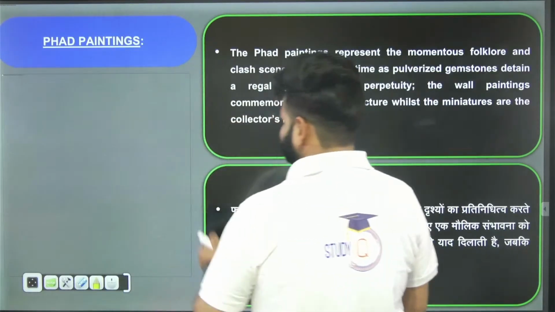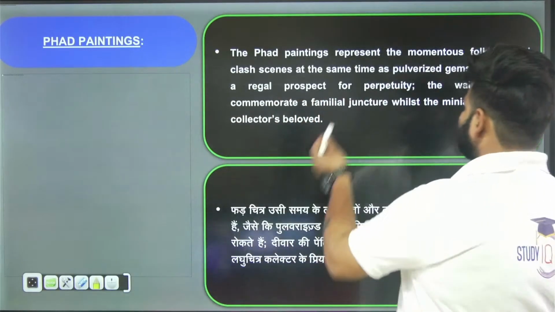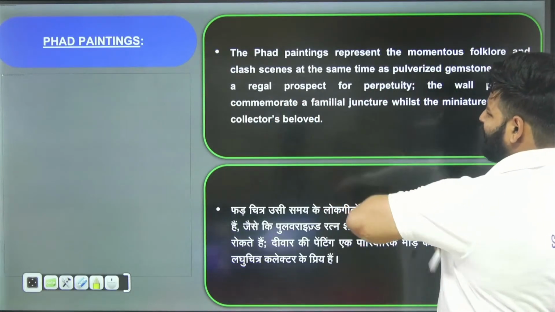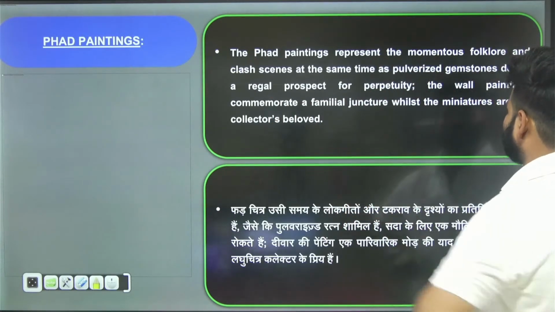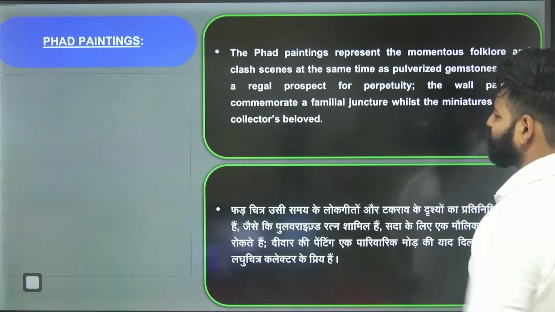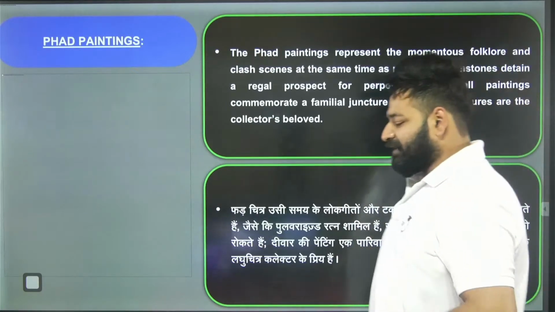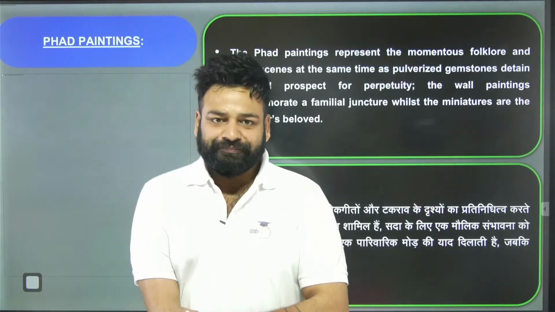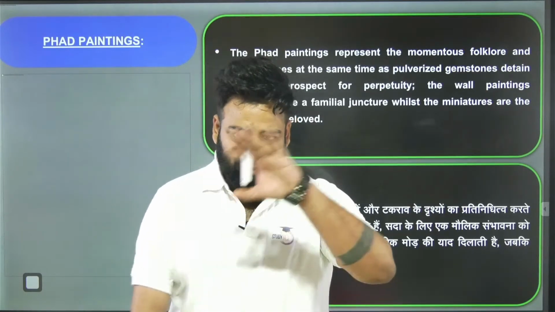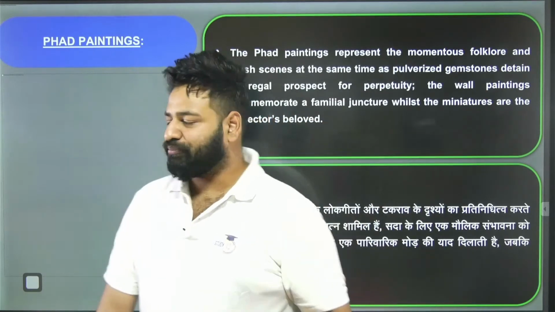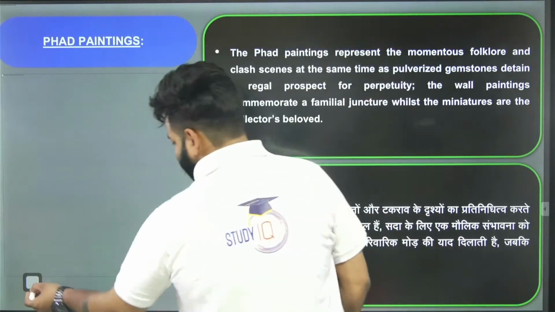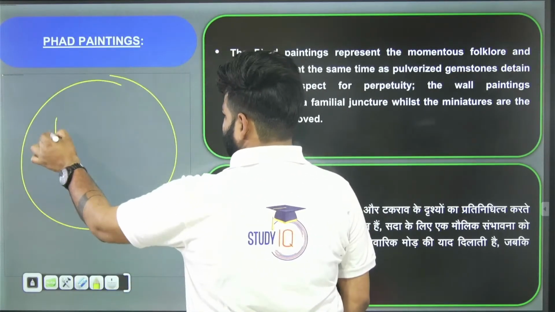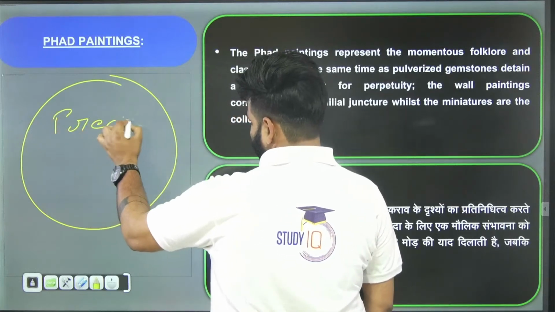Next. The Fard paintings represent the momentous folklore and clash scenes, while pulverized gemstones capture a regal prospect for perpetuity. So simply speaking, they used to border the whole painting with precious stones.